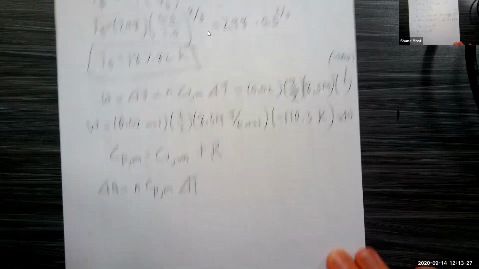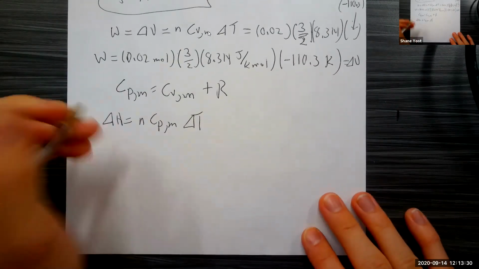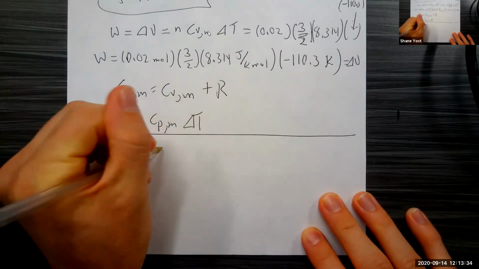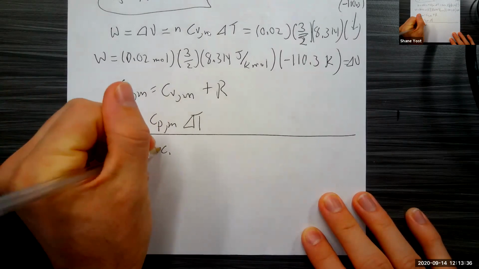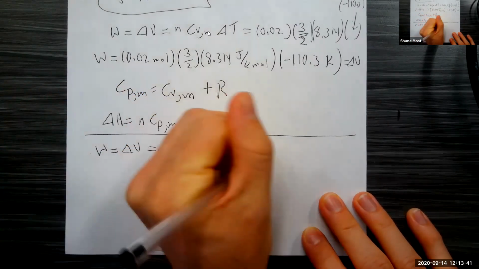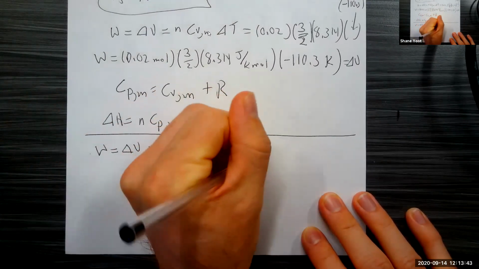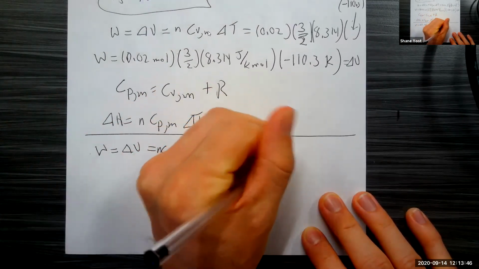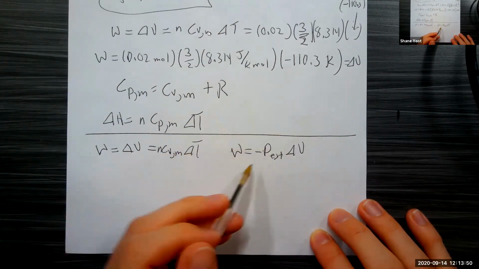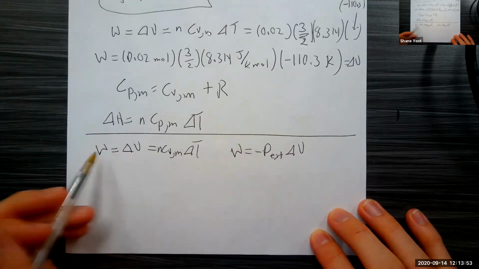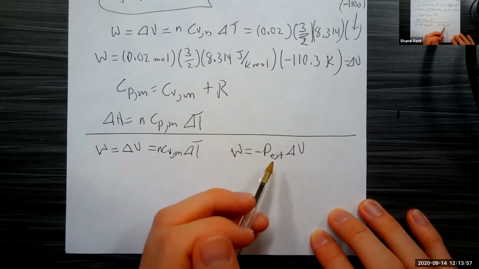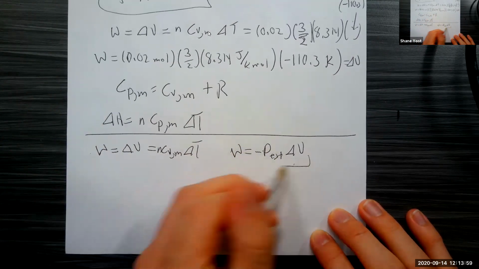Delta U. We don't necessarily need to use that right now, but just as a reminder, work equals delta U, which is n CV,m delta T, and work also, in this case, for a constant external pressure is minus P external delta V. So for this problem, I know this is true for an adiabatic expansion, but I know also for a constant external pressure, this is true.